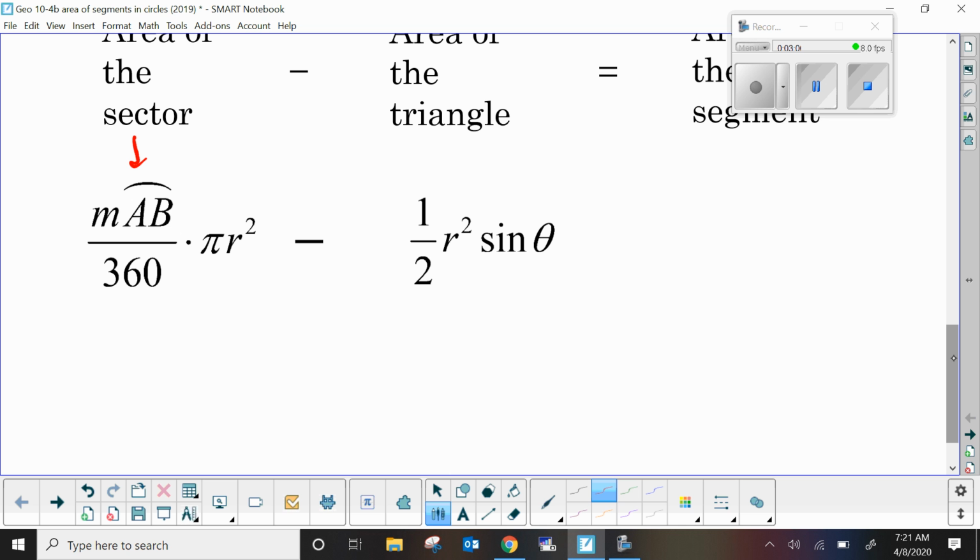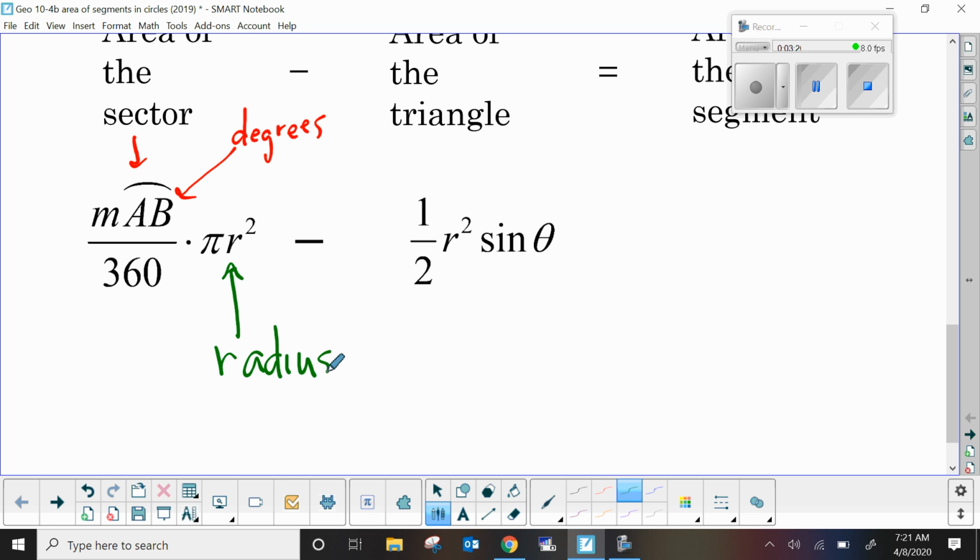Now, think about this. This was the arc in degrees. The r stood for the radius of the circle. So that takes care of that part.